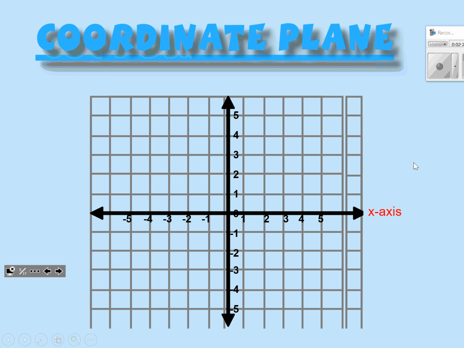The first part is the x-axis, which is the horizontal number line. The second part is the vertical number line, which is the y-axis. The place where they both cross is called the origin. Please, again, write these down.